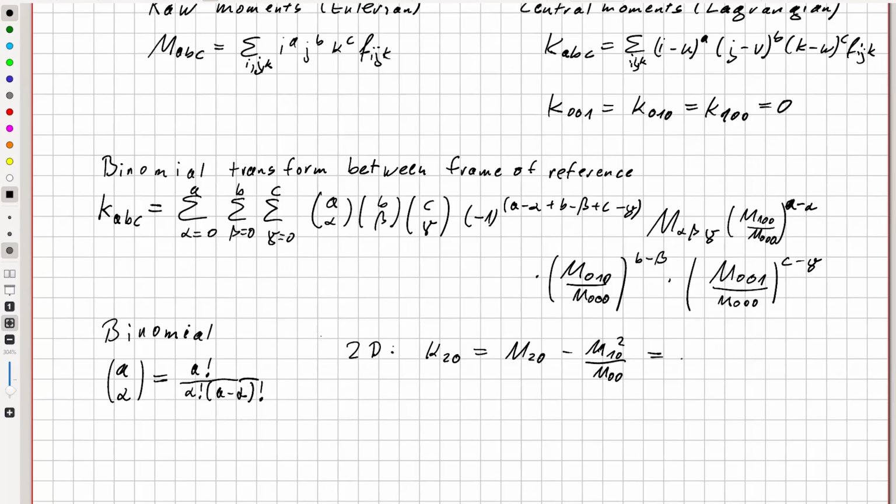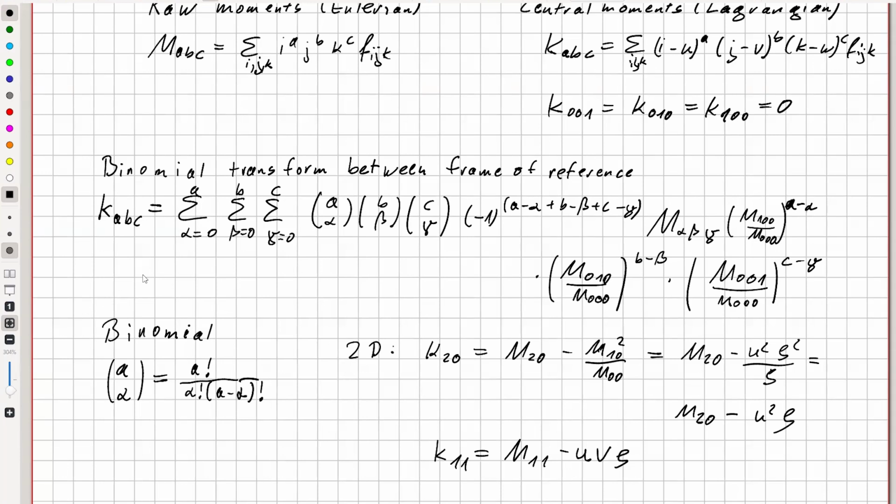And this can be written as m20 minus u squared rho squared divided by rho, which can still be written as m20 minus u squared rho. K11, for example, is m11 minus u v rho.